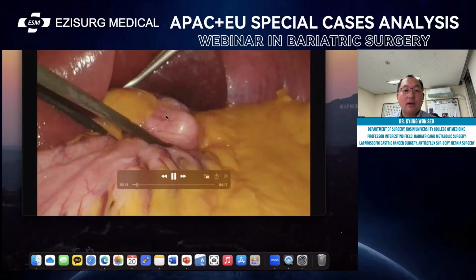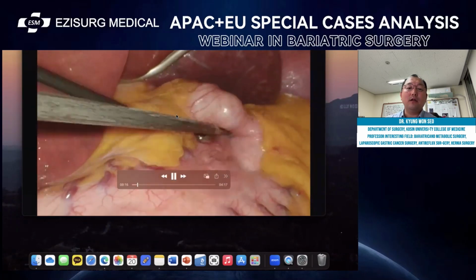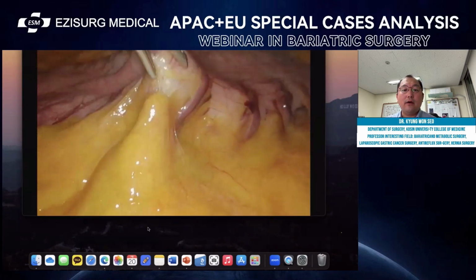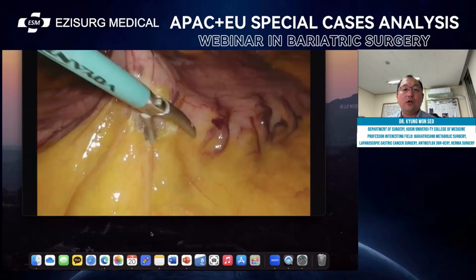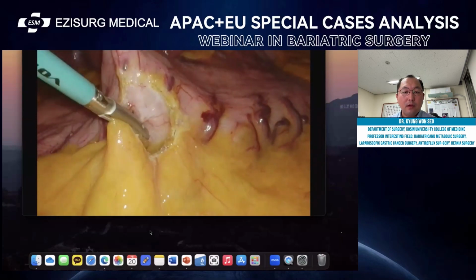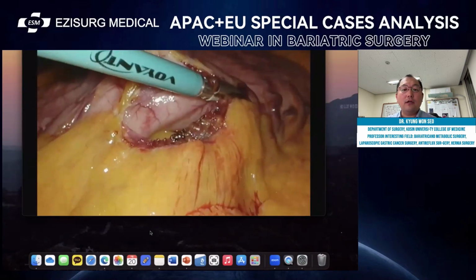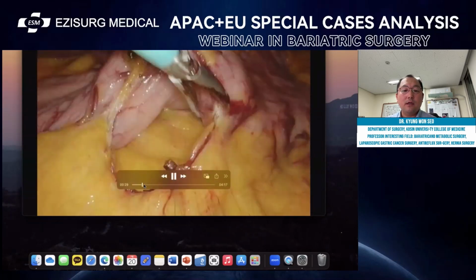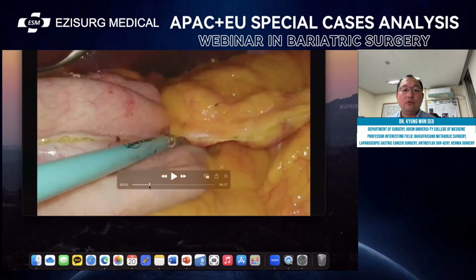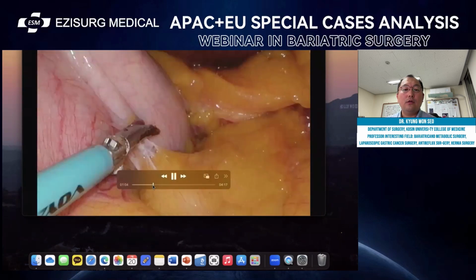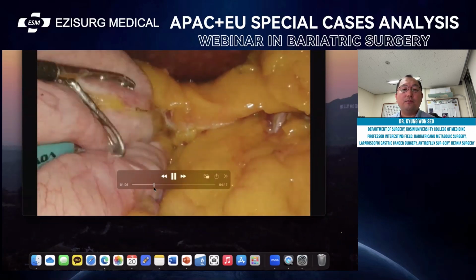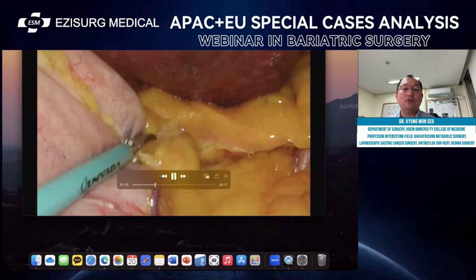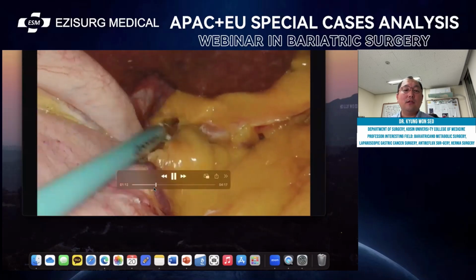Okay. After clearing gastric contents and air, we do the greater curvature clearing with the electrosurgical devices and go to the esophagogastric junction, and the posterior gastric dissection is very important to make the appropriate sleeve.